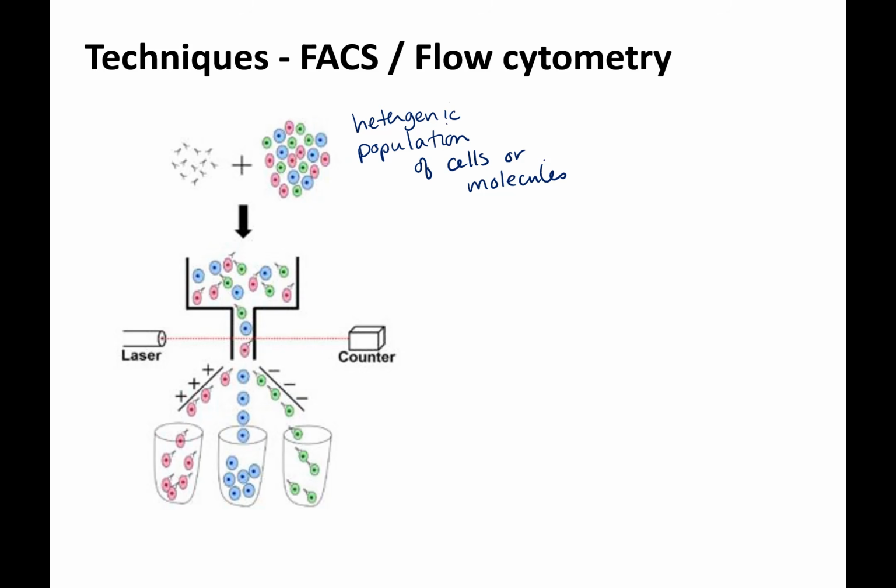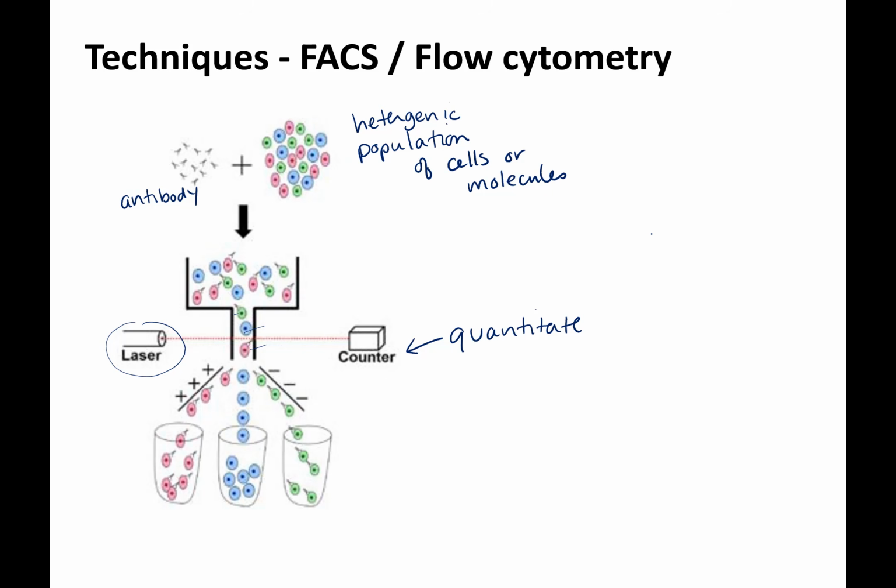And you can put it through flow cytometry, where there's a laser that will read each individual cell, and it can basically count, so it can quantitate the number of cells. And so one way you can do this is with an antibody, and you can see how many cells that antibody sticks to.